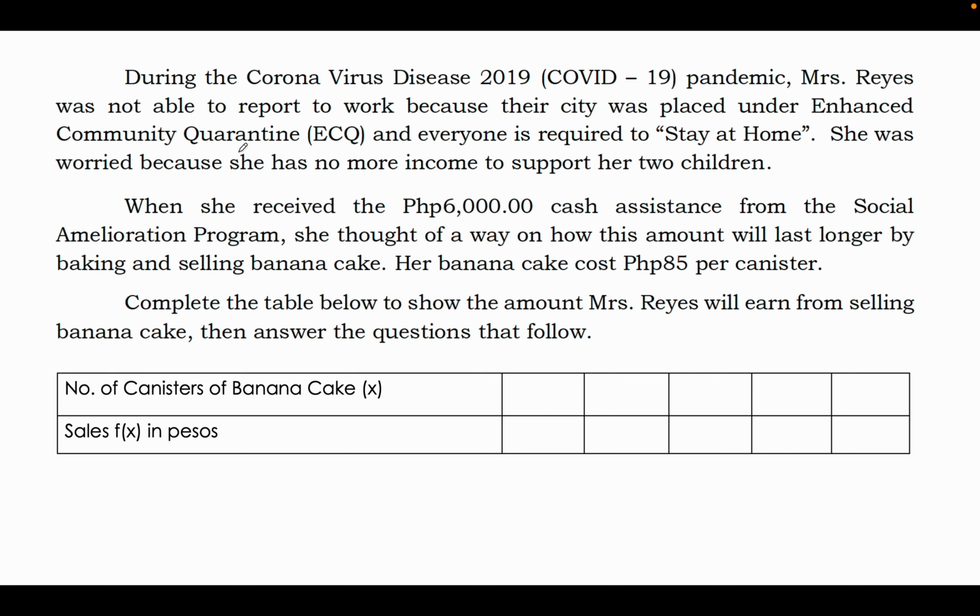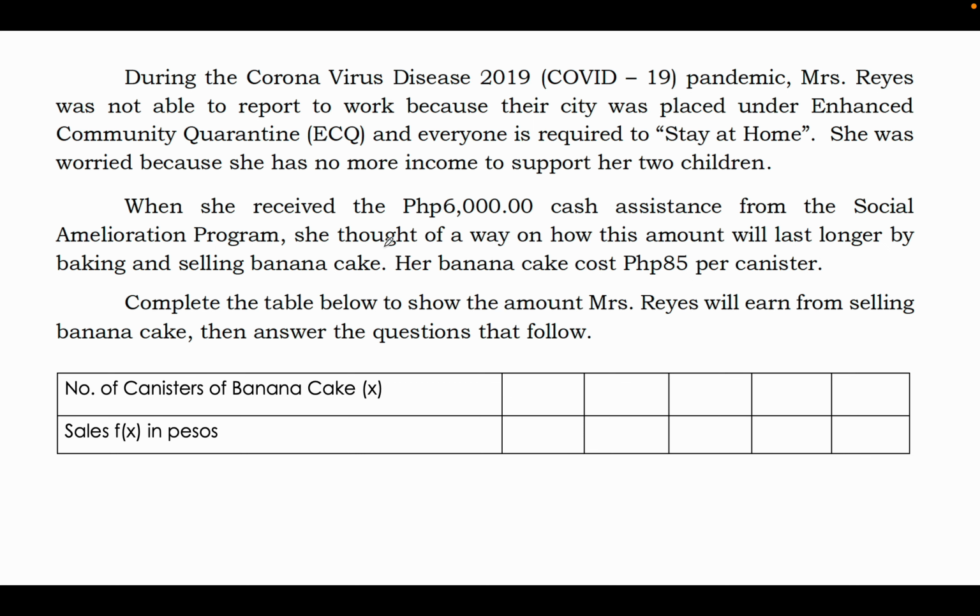So for instance, we have here, during the coronavirus disease 2019 pandemic, Mrs. Reyes was not able to report to work because their city was placed under enhanced community quarantine ECQ and everyone is required to stay at home. She was worried because she has no more income to support her 2 children.